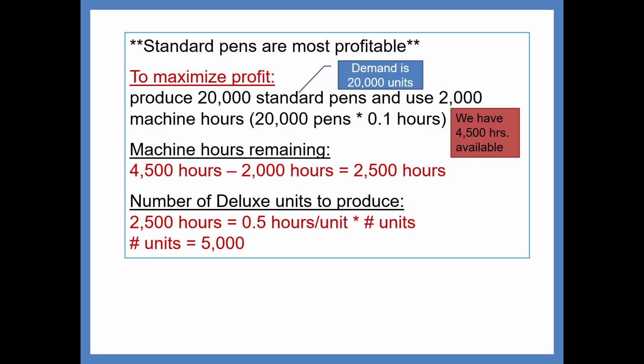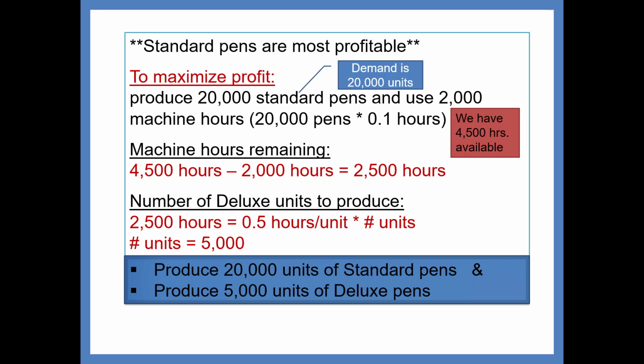We can't produce all 8,000 that were in demand, but we can produce 5,000 units. So the overall answer here is we'll produce 20,000 units of the standard pens and 5,000 units of the deluxe pens. Next, we'll look at ways that perhaps we could manage this constraint and maybe loosen up the problem with that constraint.